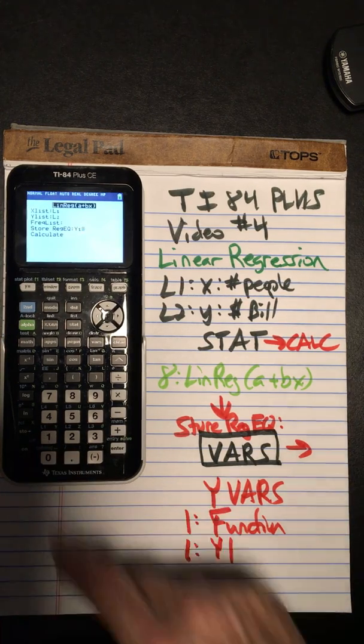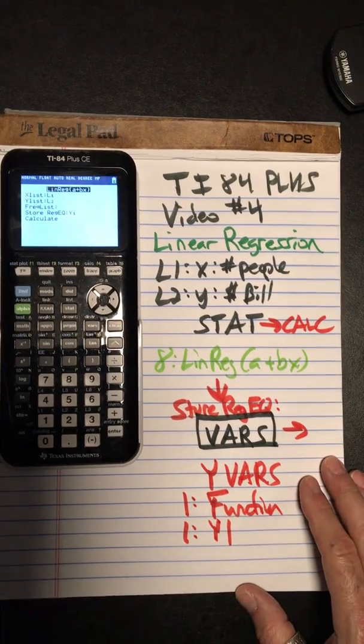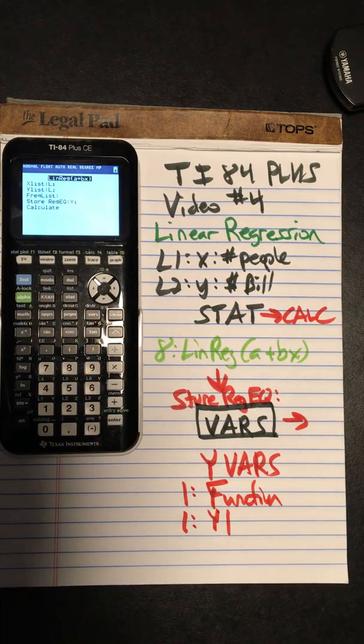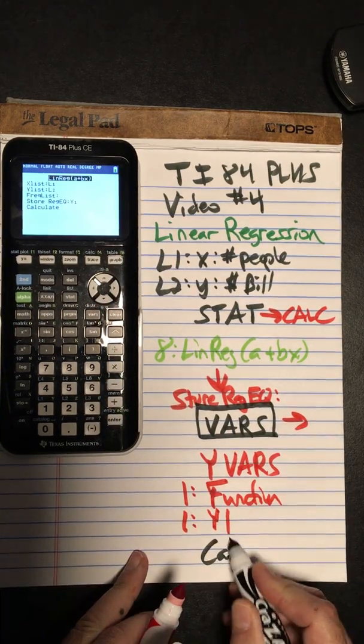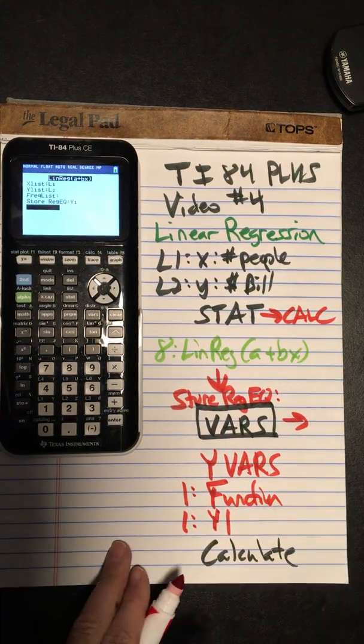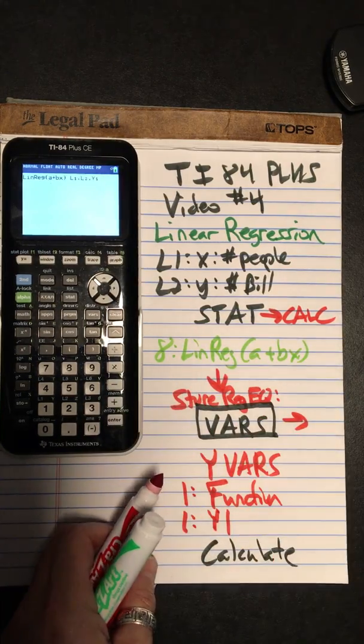So I'm going to press 1 again, and this will tell the calculator to store that. What we need to do next is arrow down to Calculate, and then press enter.